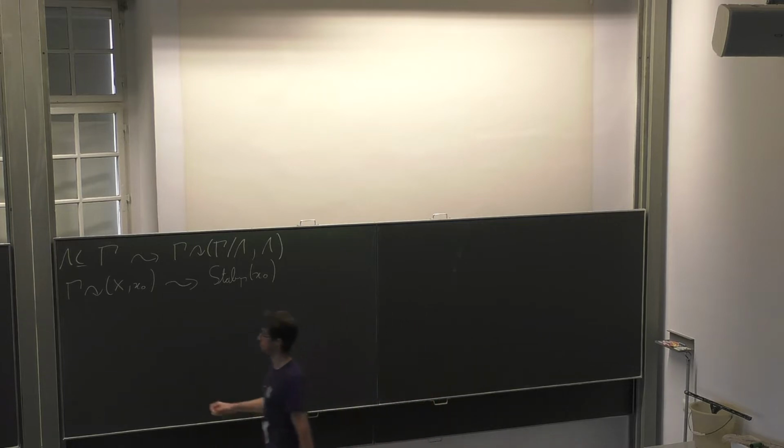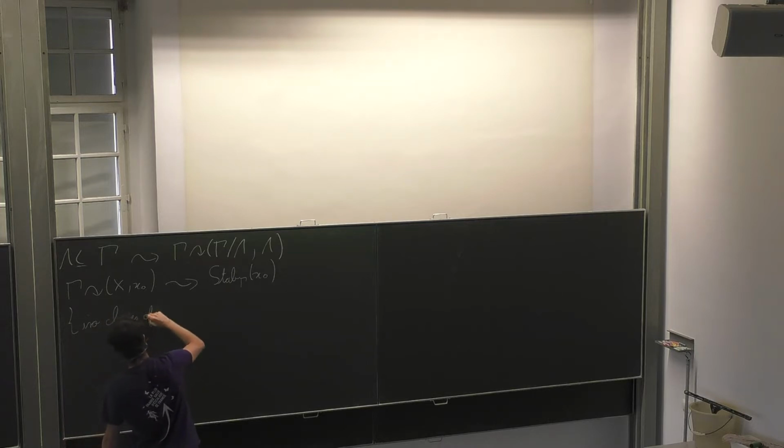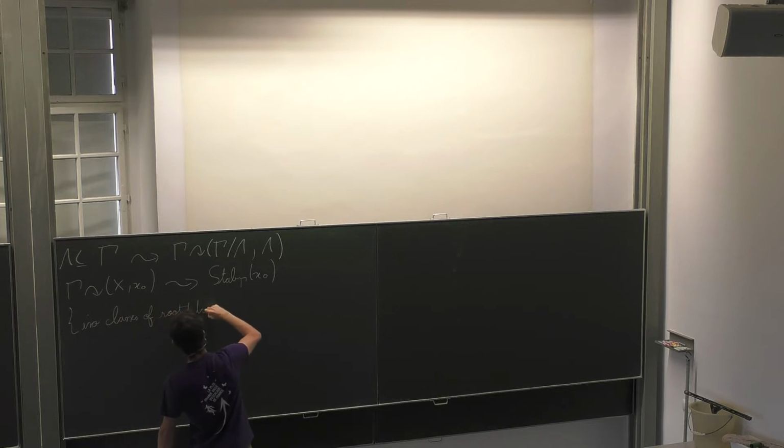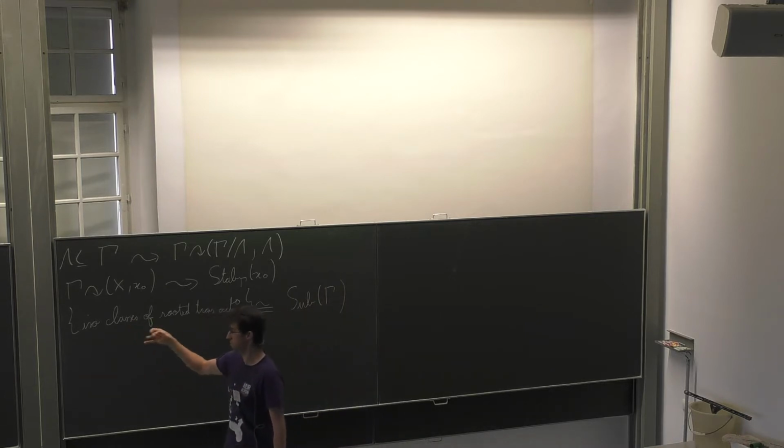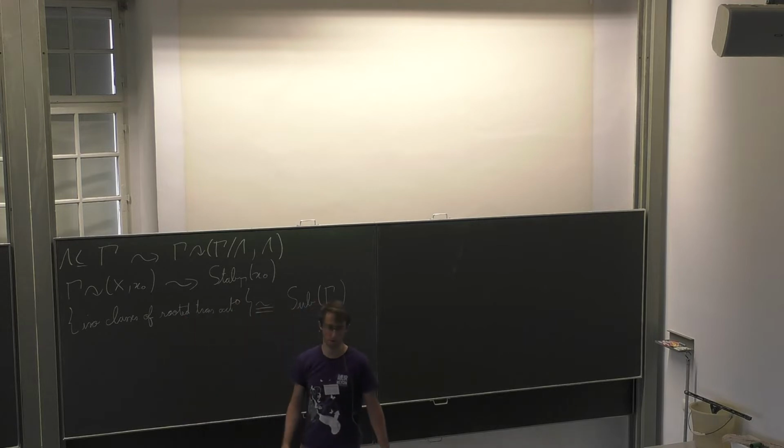And this correspondence gives you a bijection between isomorphism classes of rooted transitive actions and the space of subgroups. In this talk it will be important that we present things using rather this point of view.